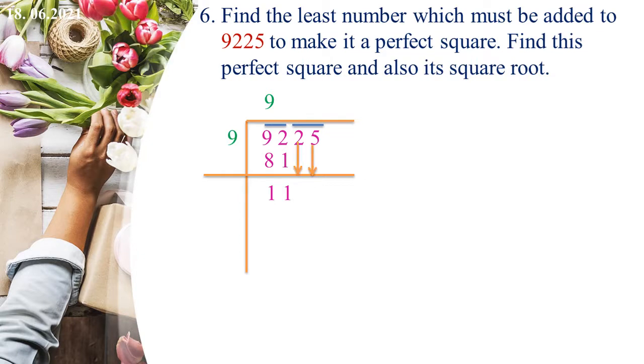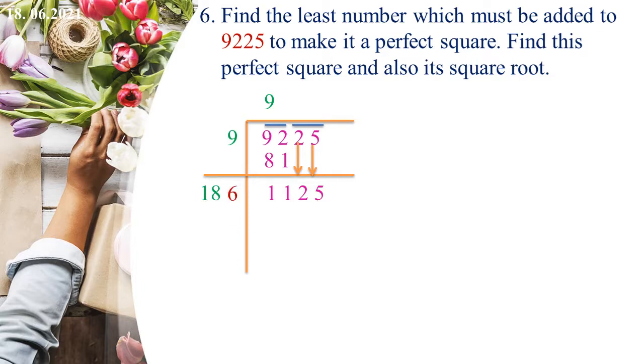Then bring down the next period to the right of the remainder. Now 1125 becomes the new dividend. Now obtain the new divisor by taking 2 times the quotient. On doubling the quotient 9, we will get 18, and annexing with it a suitable digit.